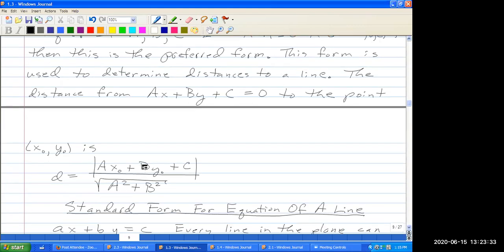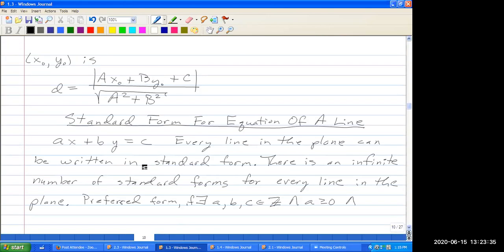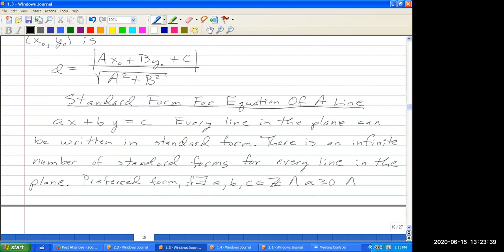So the standard form for the equation of a line is very similar to the general form. It is just ax plus by equals c. Now, just like in the general form, every line in the plane can be put into the standard form.